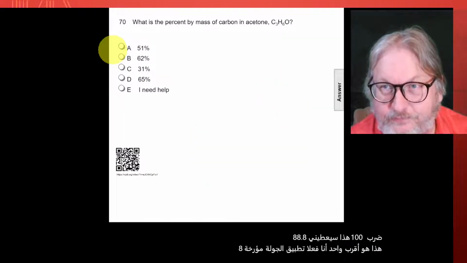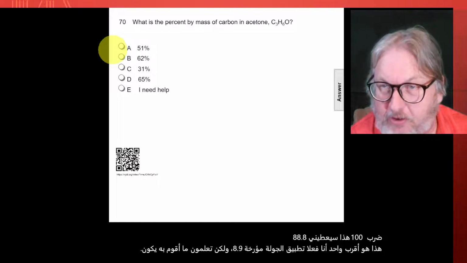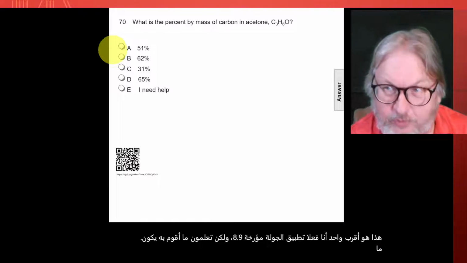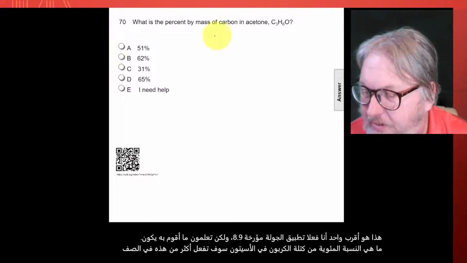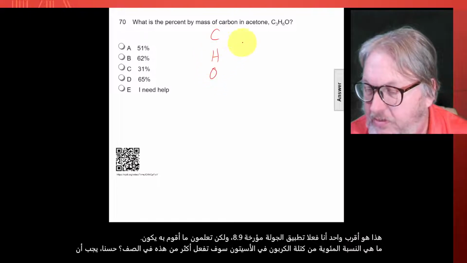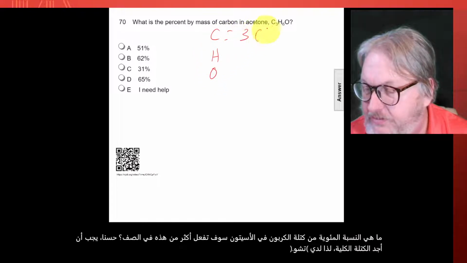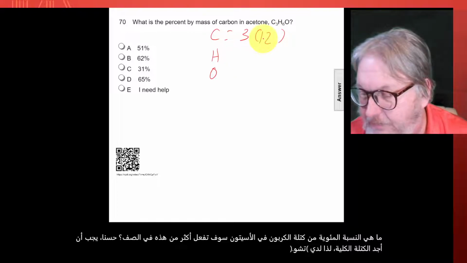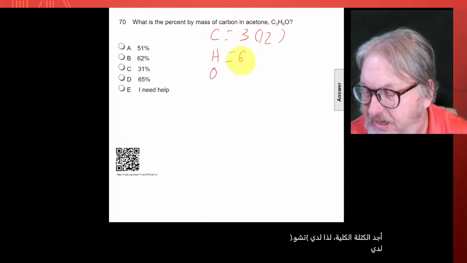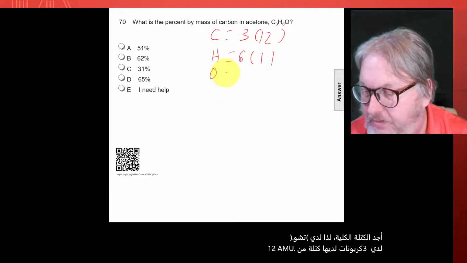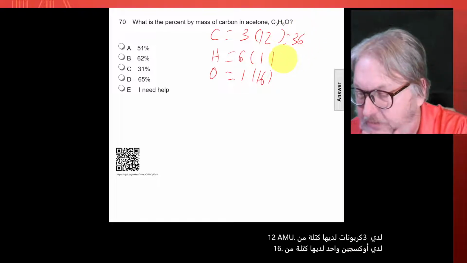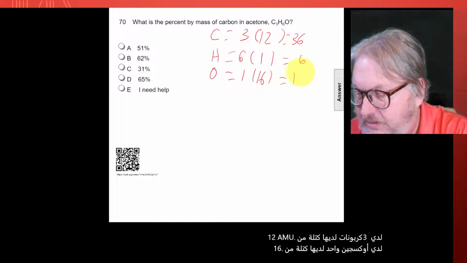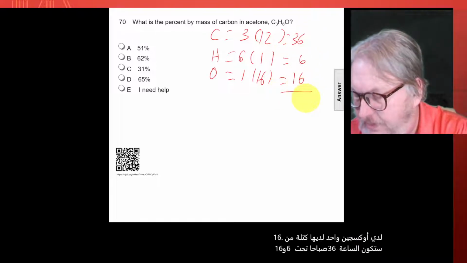B. What's the percent by mass of carbon in acetone? We'll do more of these in class. Well, I've got to find the total mass. So I've got C3H6O. I've got 3 carbons, each with a mass of 12 AMU. I've got 6 hydrogens, each with a mass of 1. I've got 1 oxygen, with a mass of 16. That's going to be 36 AMU, plus 6, plus 16.